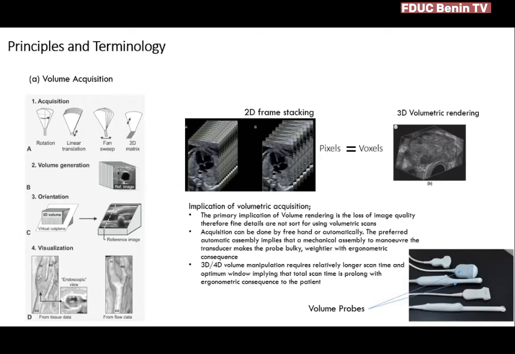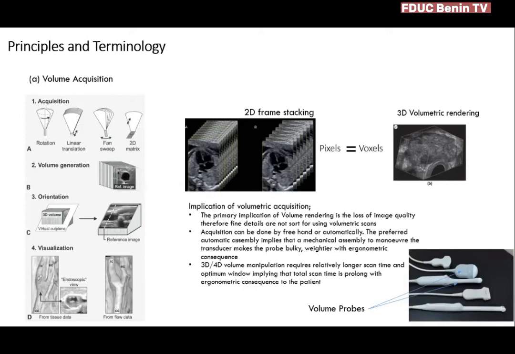Secondly, when we stack this image, one of the compromises we have to make in acquisition of a volume set is that the image quality, compared to a standard 2D image, the primary image will be degraded. So degradation of image quality is a consequence of volume acquisition.